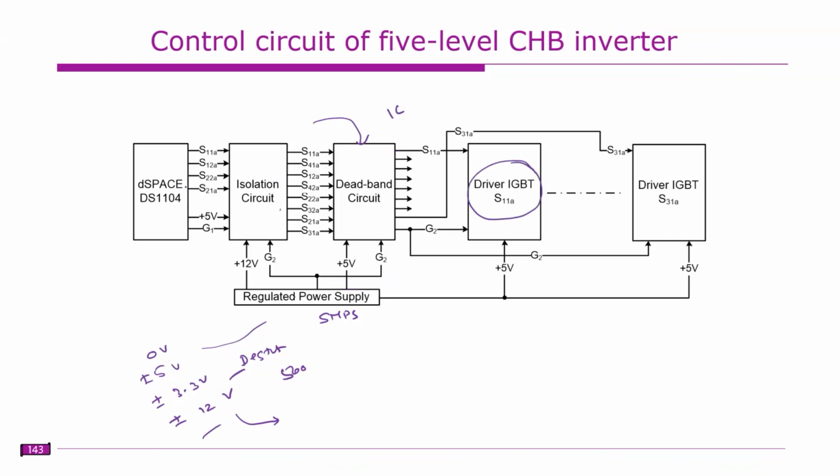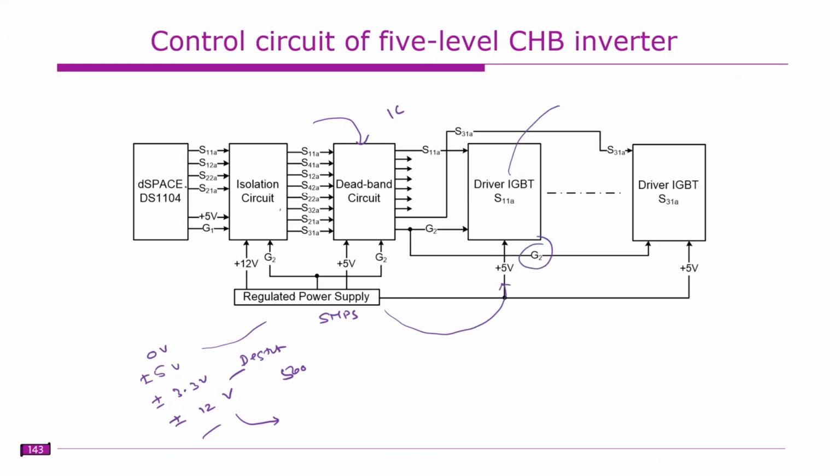You might have studied this in your APC course, why these drivers are used and all those things. Usually this driver circuit requires a 5-volt supply, and again this 5-volt supply is obtained from this SMPS. The ground remains the same for all the power circuit; again this ground is G2 here.